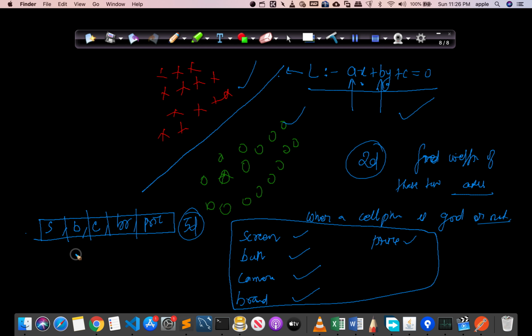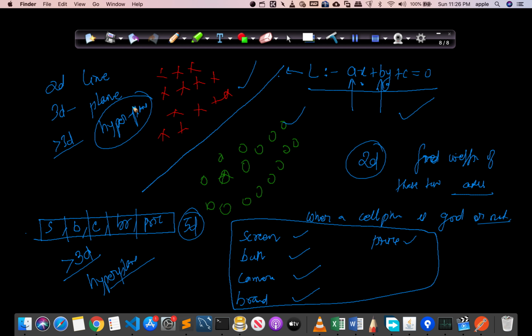If the dimension is greater than 3D, we call it a hyperplane. You must remember this: for 2D, it is a line; for 3D, it is a plane; and for data with more than 3 dimensions, we call it a hyperplane.